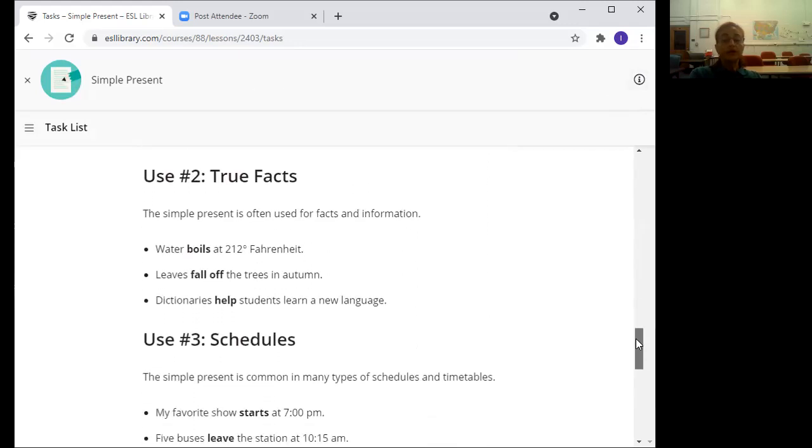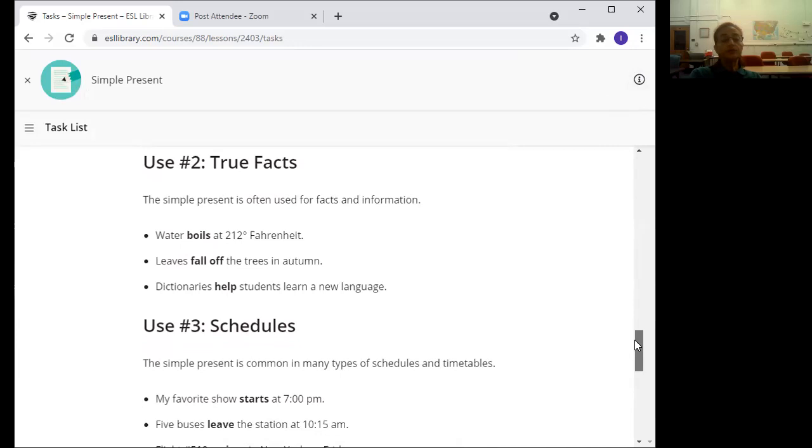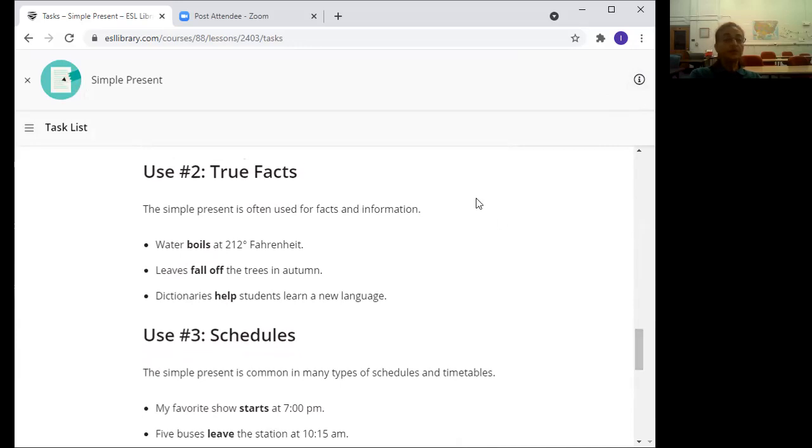All right. Another situation when we use simple present tense is when we have true facts, a statement of an accepted truth. Water boils at 212 degrees Fahrenheit, right?